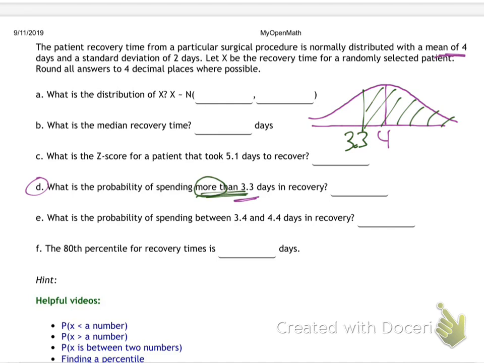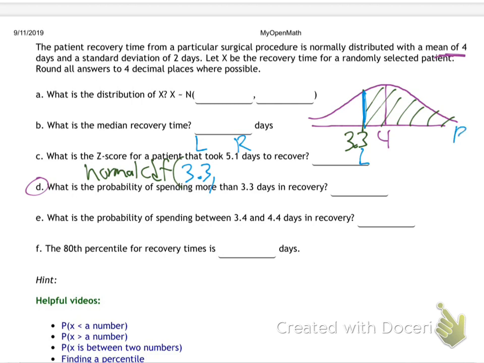We'll do the normal CDF. There's never any room here, so I'll do it right here, I guess. And what do we do? Left edge, right edge. So the left edge is 3.3. What's the right edge?